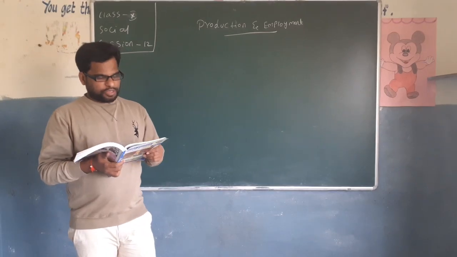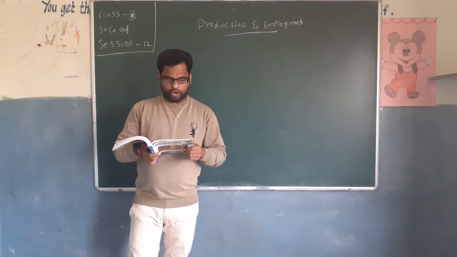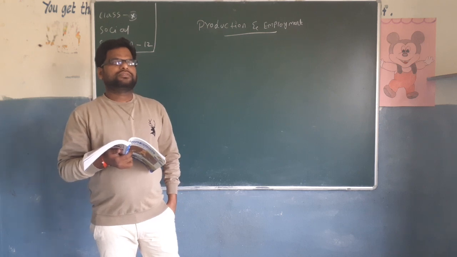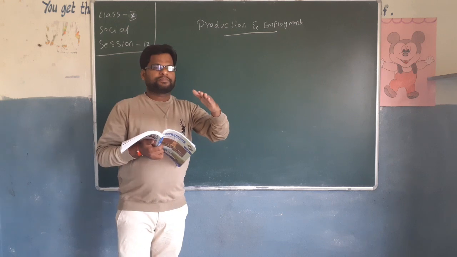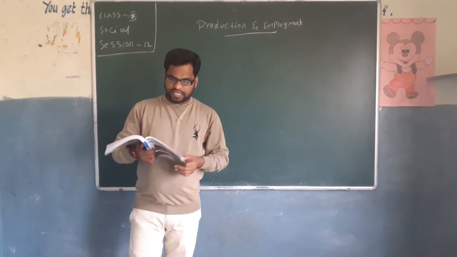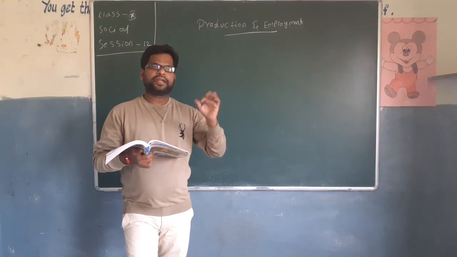Here, changes in the importance of sector, value of goods and services produced, and employment of people. So far we have known GDP in different years. Now we discuss the value of goods and services produced and employment.